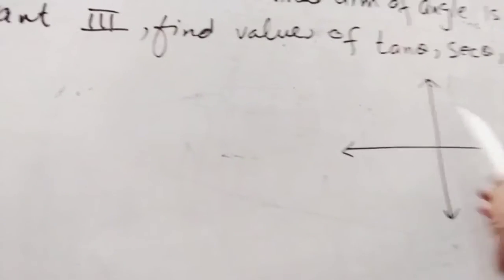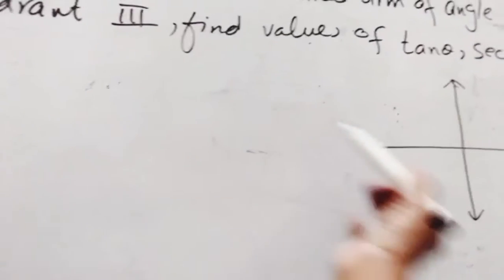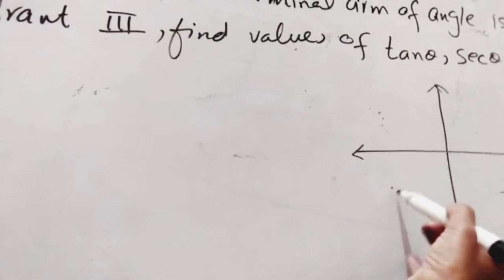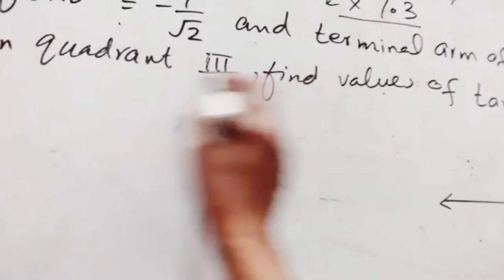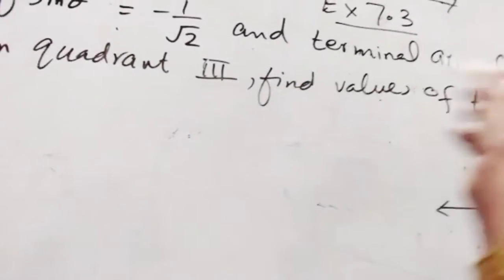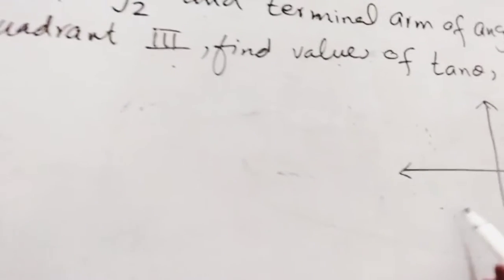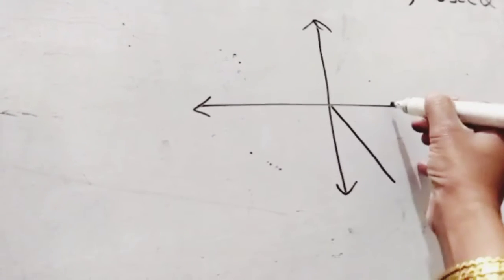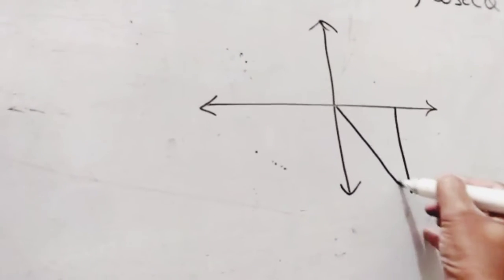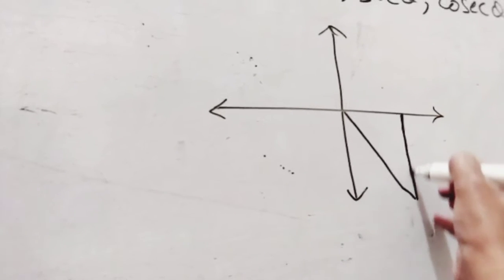These two quadrants are ruled out, and they said that it does not lie in the third quadrant, so the remaining quadrant is 4. We will draw the right angle triangle here, and this is the location of theta in the fourth quadrant.